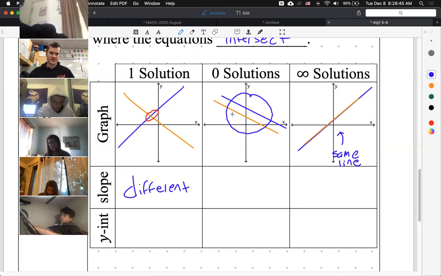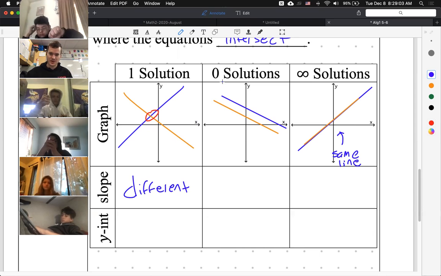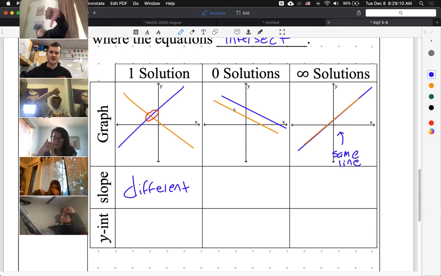What about the slopes in this one, where I have 0 solutions? Are the slopes the same, thumbs up, or are the slopes different, thumbs down? The slope of the blue line and the slope of the orange line. There are 2 slopes. Are they the same or are they different? The majority has it correct.